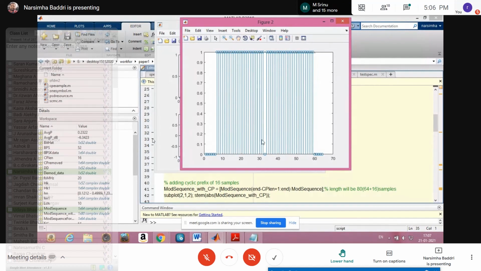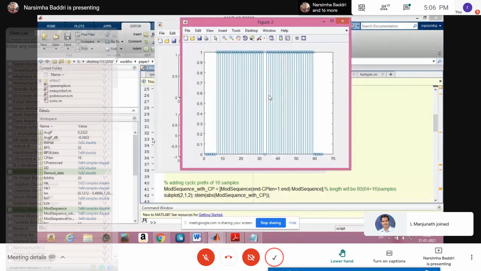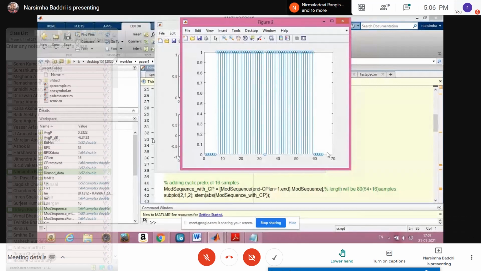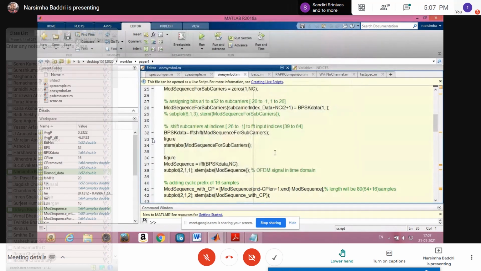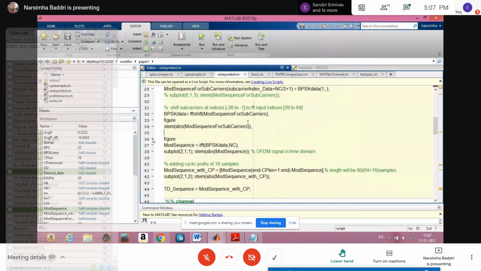If you observe, the first 6 are the unused carriers, then the next 26 are assigned 26 data points, then the next one is DC, and the next 26 are assigned the next 26 data points, and the last 5 carriers are unused. This is how we are arranging it.